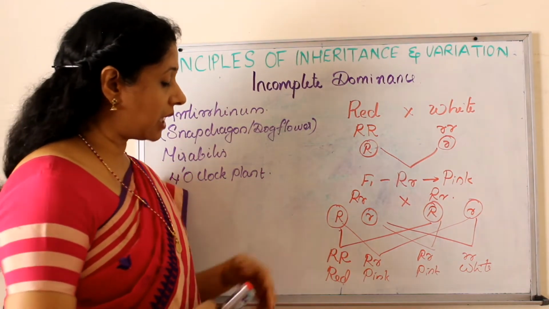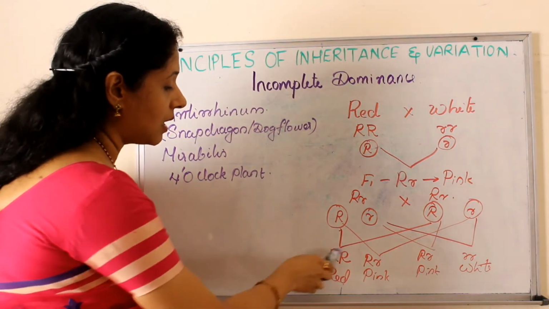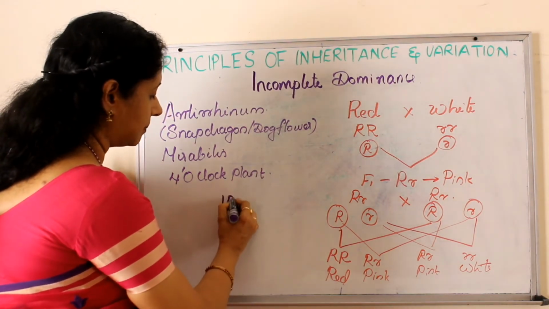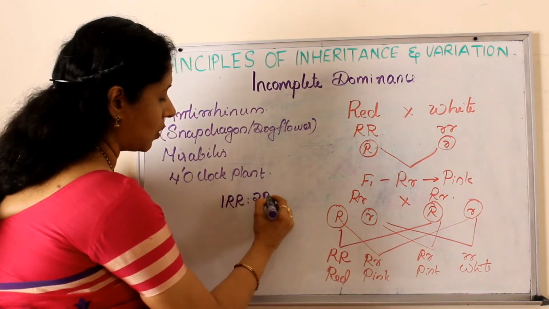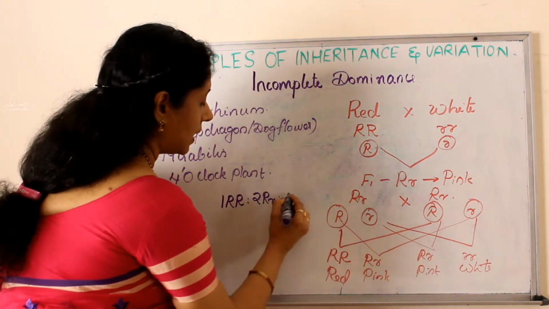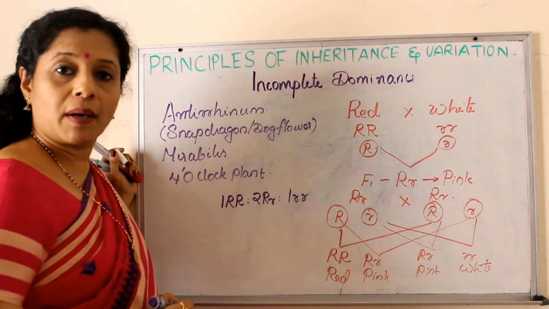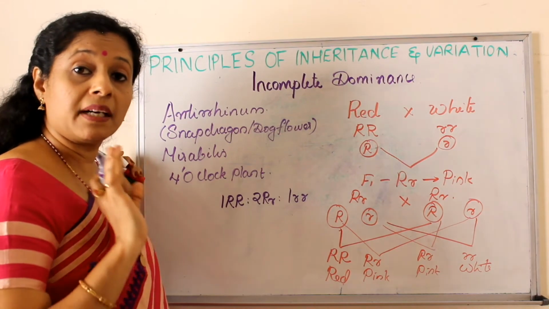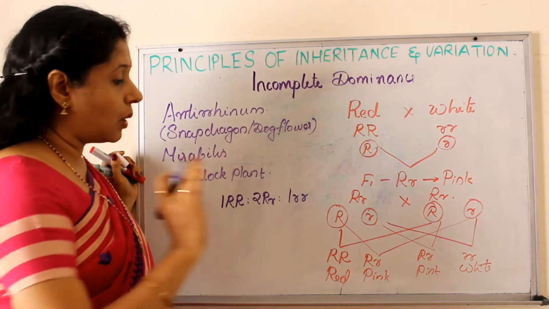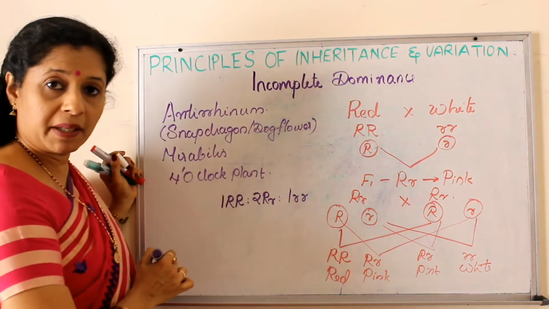Look at the genotypic ratio. Genotypic ratio is 1 capital R capital R is to 2 capital R small r is to 1 small r small r. 1 is to 2 is to 1. This is exactly similar to Mendel's genotypic ratio for monohybrid cross. Whereas, look at the phenotypic ratio here.